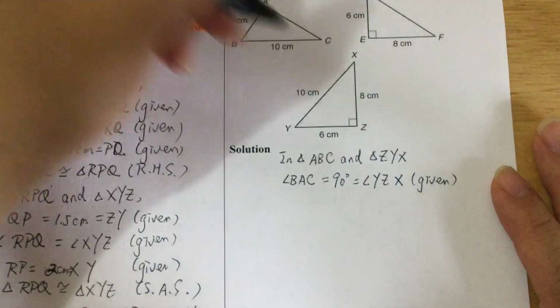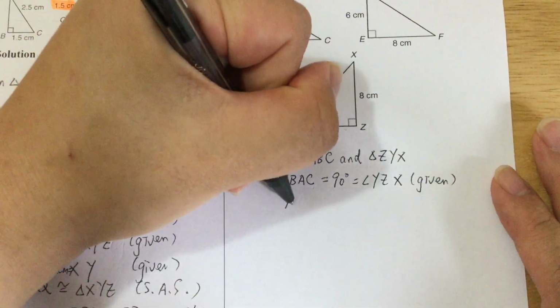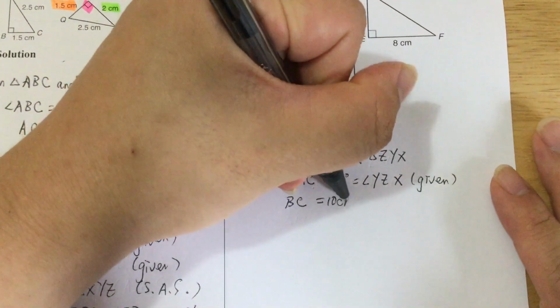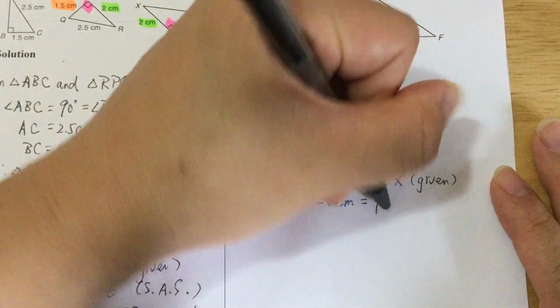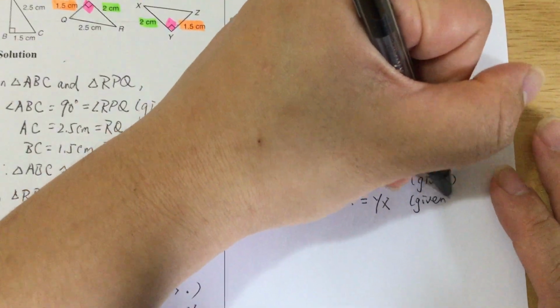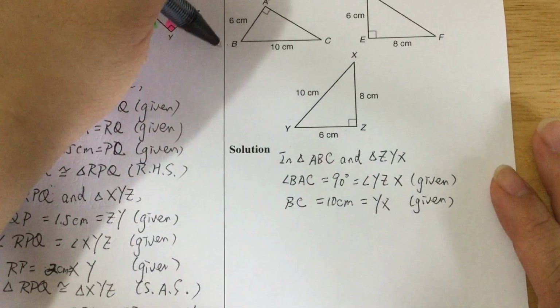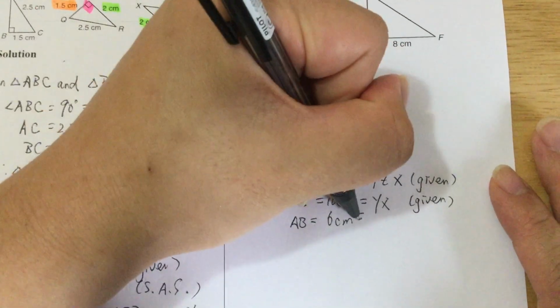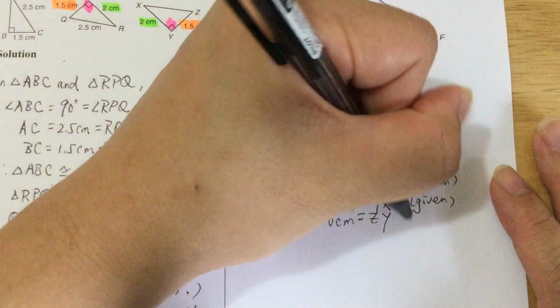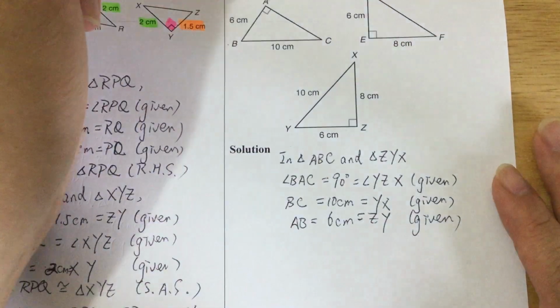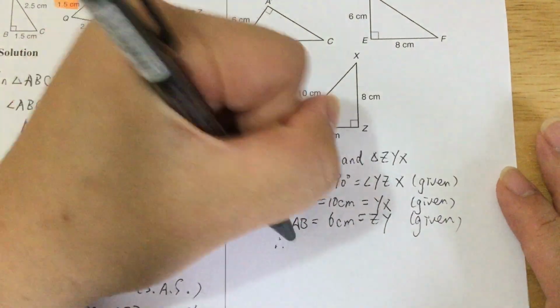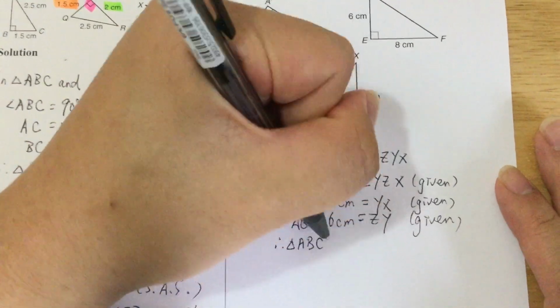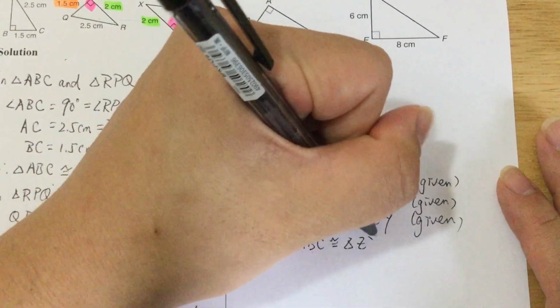R, H, 10 cm. So this one is BC equals 10 cm equals YX, given. The third one is the 6 cm. AB equals 6 cm equals ZY. So this once again is given for the last one. So I think that they are congruent. Triangle ABC is congruent to triangle ZYX.